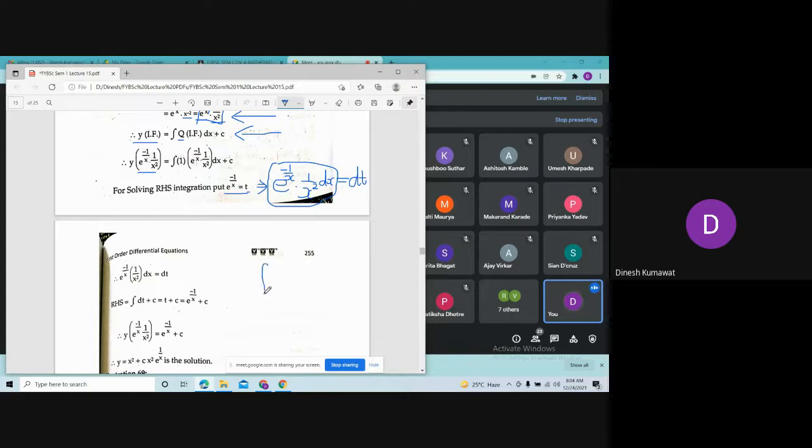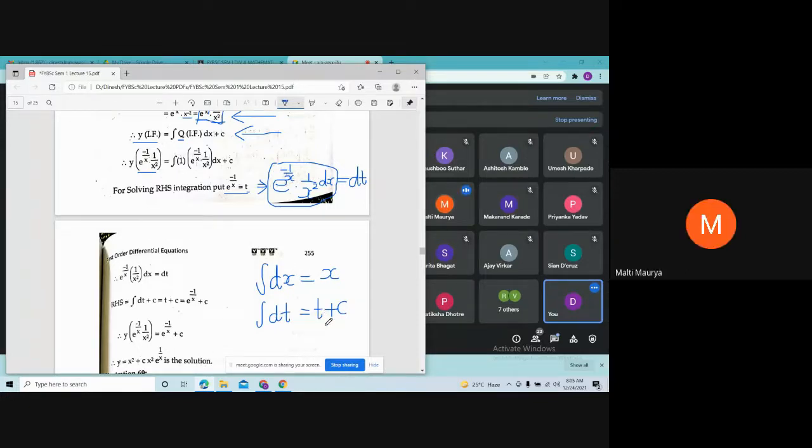What is the integration of dx with respect to x? It is x. So what is the integration of dt with respect to t? So this is t plus an integrating constant, right?